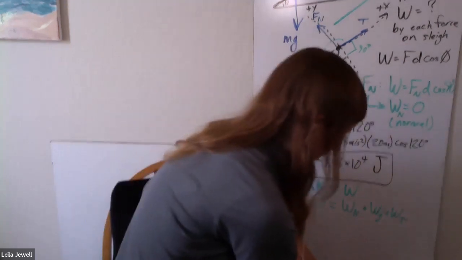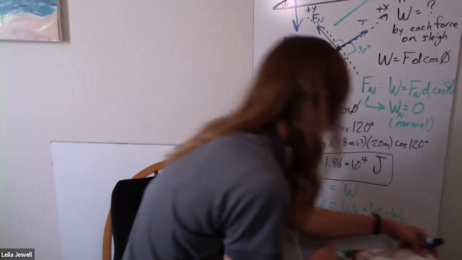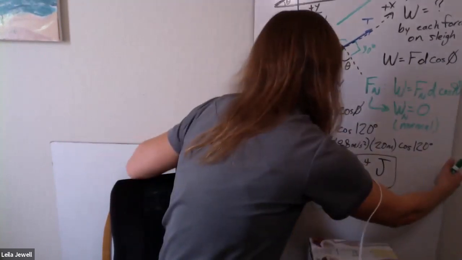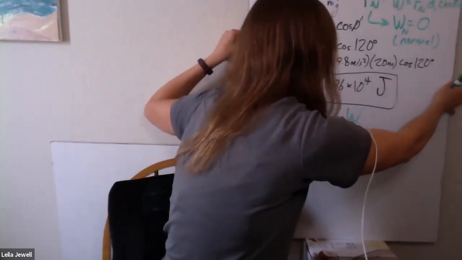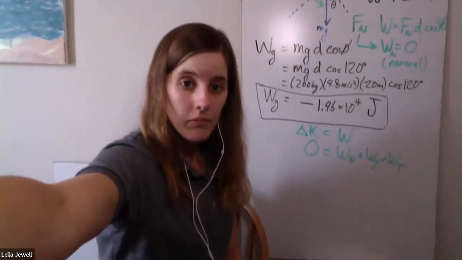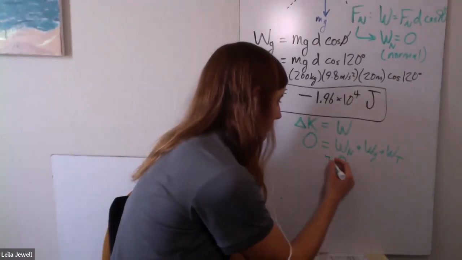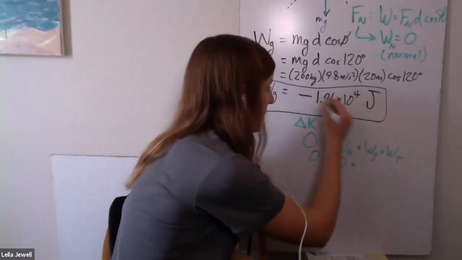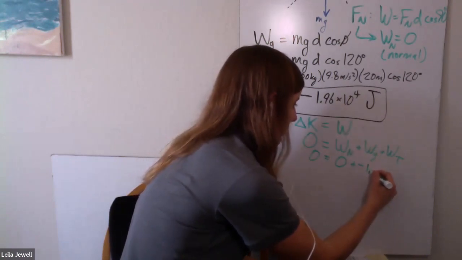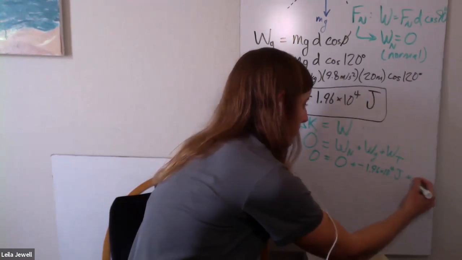So if we then go to solve this, let's see if we can get this just a touch higher. There we go. We know the work done by the normal force is 0, plus the work done by gravity is negative 1.96 times 10 to the 4 joules, plus the work done by tension.